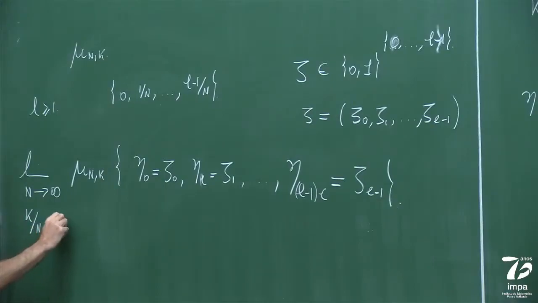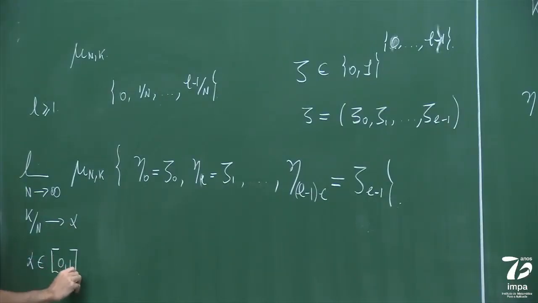So k over n will converge to some alpha, where alpha is a fixed parameter between 0 and 1. Okay, so I fix alpha between 0 and 1, which will be the density of particles. And I send n to infinity together with k in such a way that the density of particles, k over n, converges to this alpha. Right? And then I want to compute what happens on this finite window.